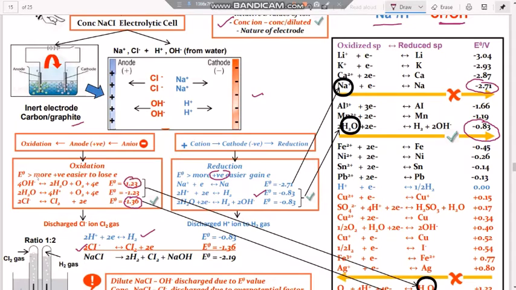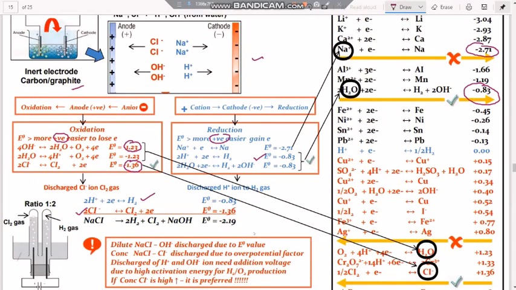Here, the more positive E0 value is easier to lose electrons. So which is more positive will lose electrons. So we have the oxidation potential of chlorine greater than the oxidation potential of OH minus ions.